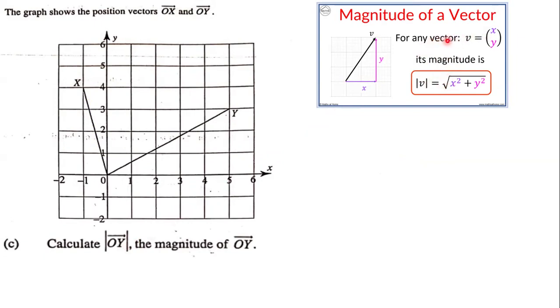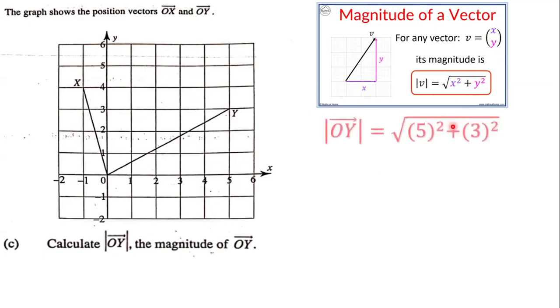If you have any column vector with two components, x and y, in order for us to find the magnitude of this vector, we have to take the x component and square it, take the y component and square it, add those two, and then take the square root of our answer. And that's what the magnitude is equal to.